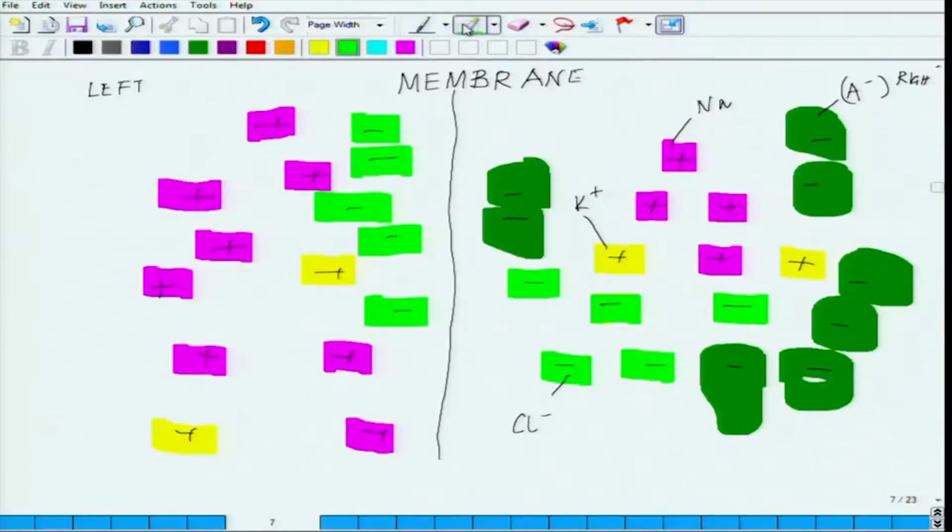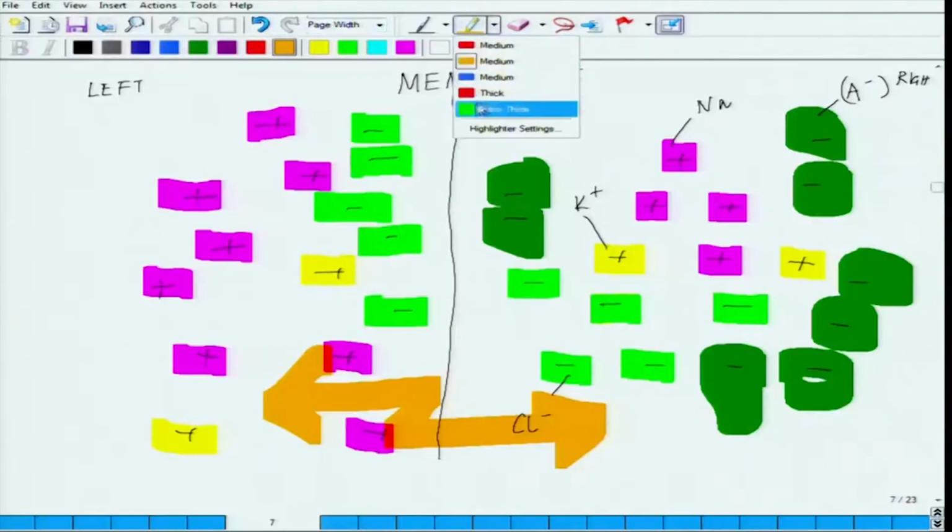Across this membrane there has to be an electrical neutrality established, in terms of the charge and in terms of concentration.